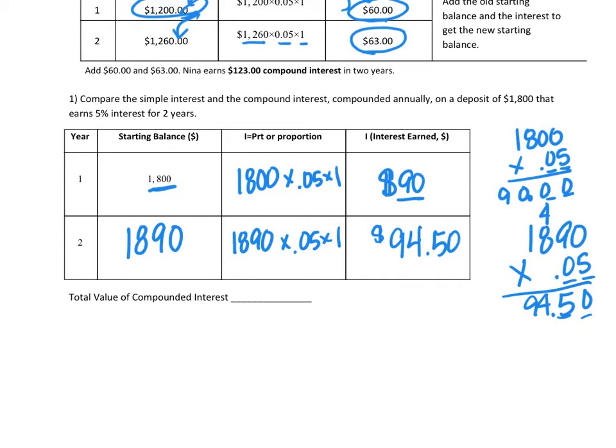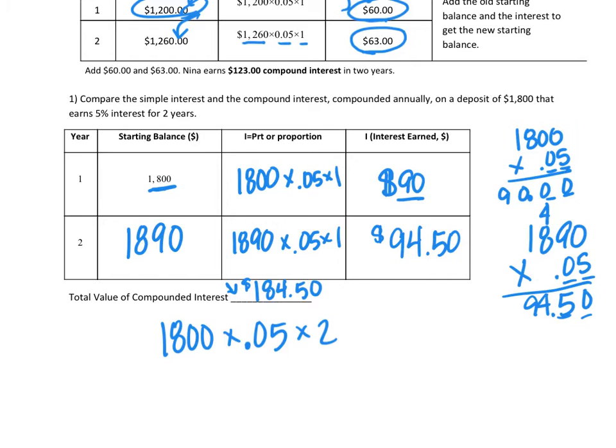So total value of compounded interest. But if it's just asking for interest, we would say $184.50. That's how much interest he earned. Now, if we did the simple interest formula, we would say 1,800 times 0.05 times 2, because remember, we did 2 years and they asked us to compare.